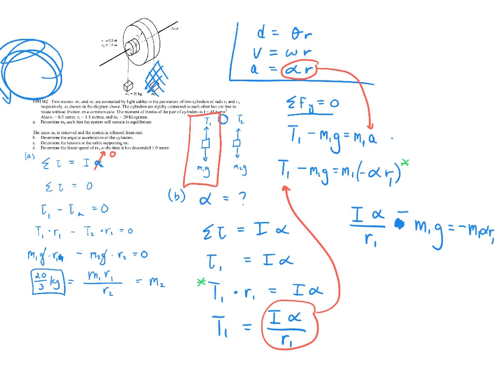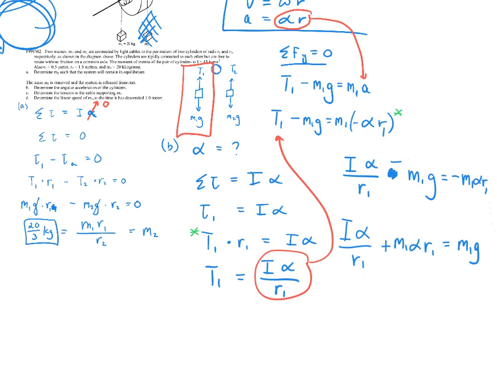So at this point, all we have to do is solve for alpha. So let's move things over with alpha. So again, what am I doing? I'm taking this expression, adding it over, taking this expression, adding it over, to yield this equation right here.